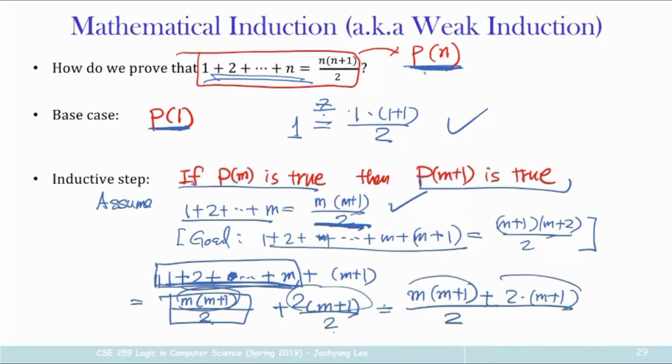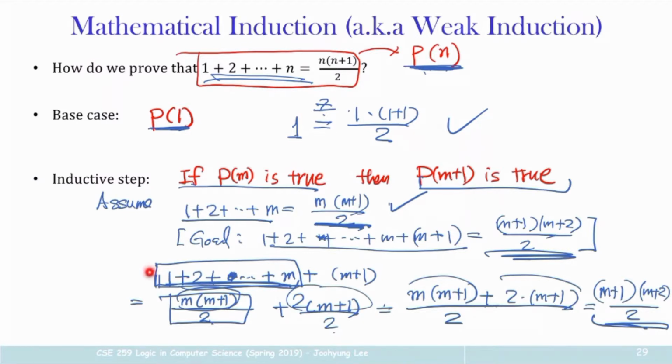These two terms have the common factor m plus 1, so I can factor it out. So m plus 1, and then I have m plus 2 left over. Now this one is exactly what we had to show. So we are done.